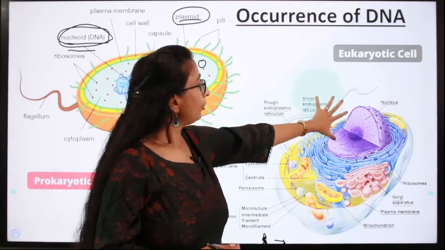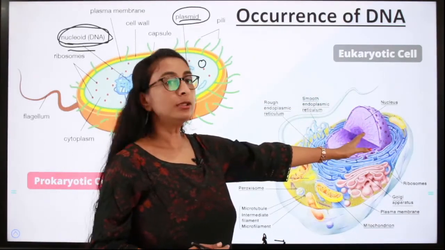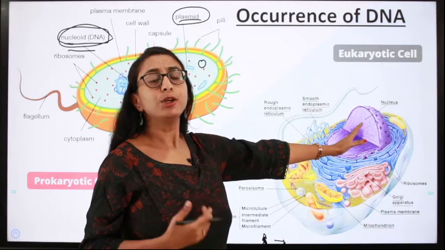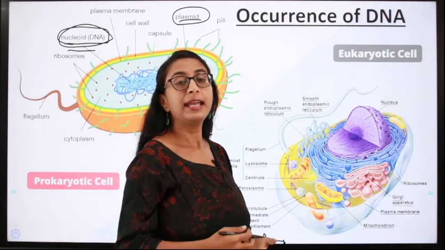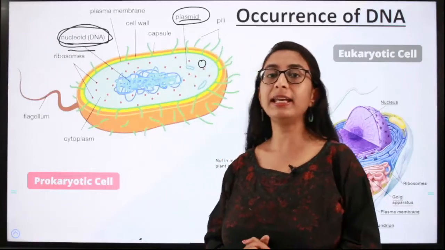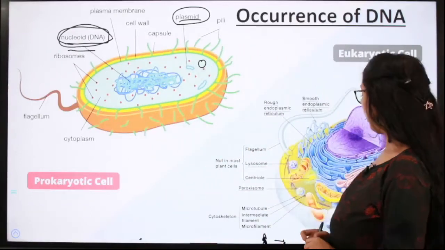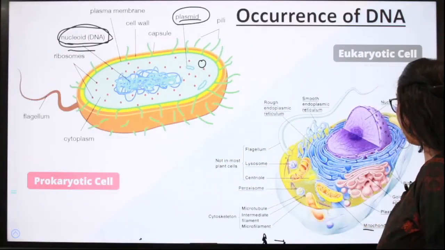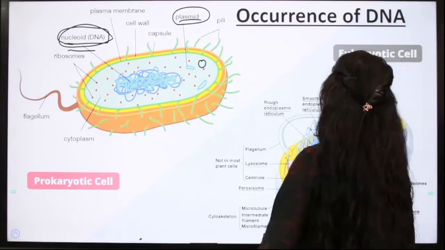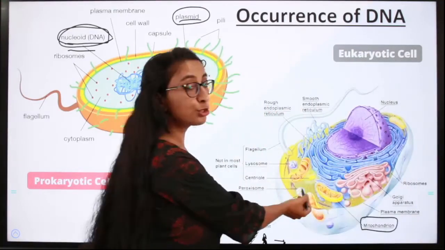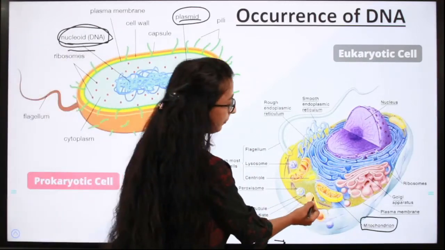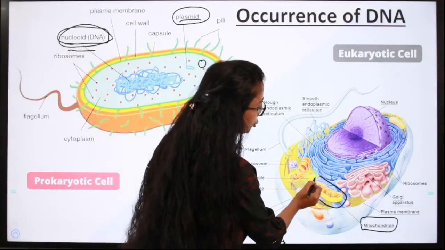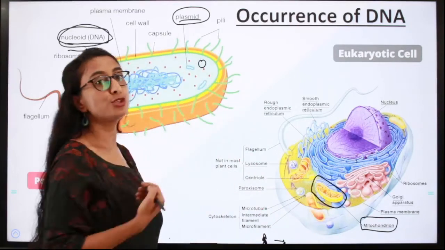So in eukaryotic cell, in addition to the chromosomal DNA, do we have DNA in any other organelles? Yes. In addition to chromosomal DNA, in eukaryotic cells you can find DNA in mitochondria. So mitochondria are also called as the powerhouses of the cell, isn't it? So this is the mitochondria. So in mitochondria also you can find extra chromosomal DNA.